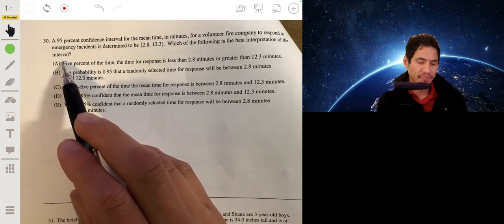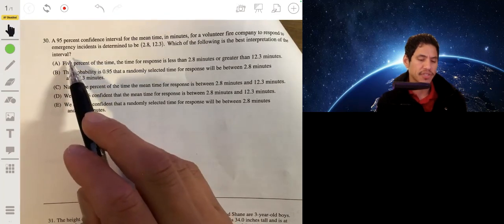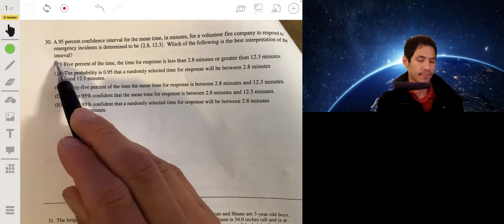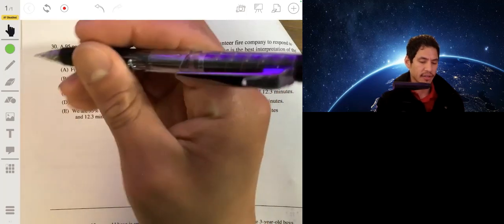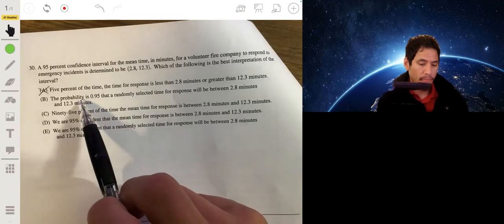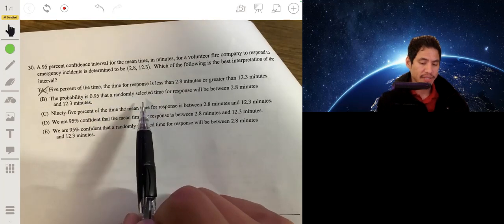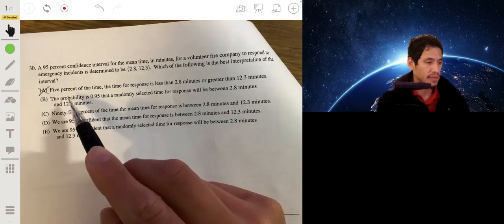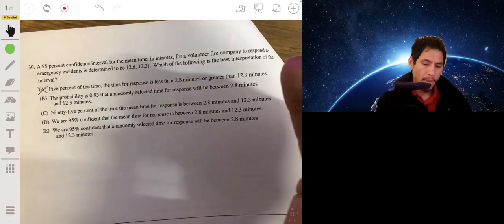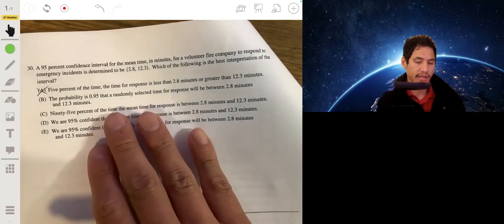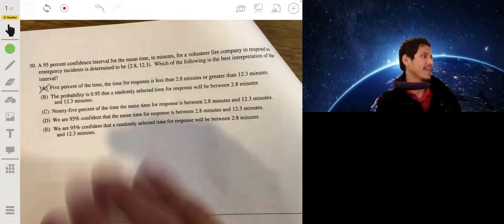Sort of, but remember, this is not a certainty. It's kind of the right idea, but that's still wrong. Next: the probability is 0.95 that a randomly selected response time will be between 2.8 and 12.3 minutes. Close, but again, no.